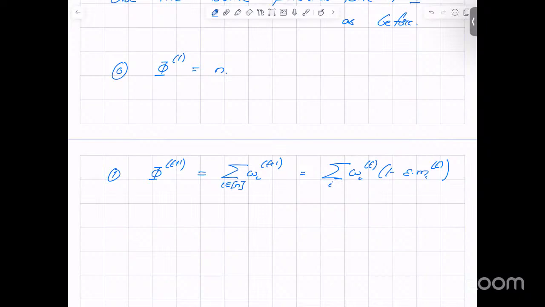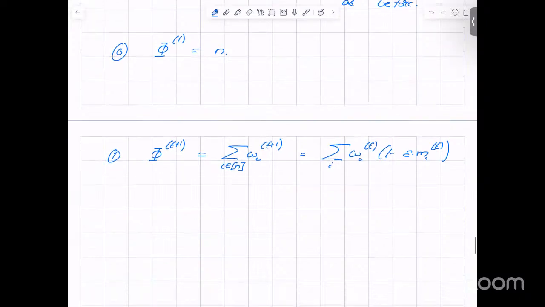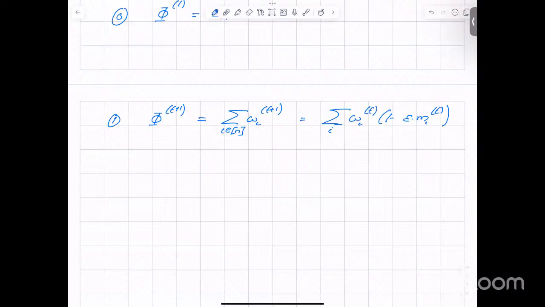Okay. So I'm going to break the summation. The summation of w_i^t times 1 is phi_t, minus epsilon times the summation of m_i^t times w_i^t.